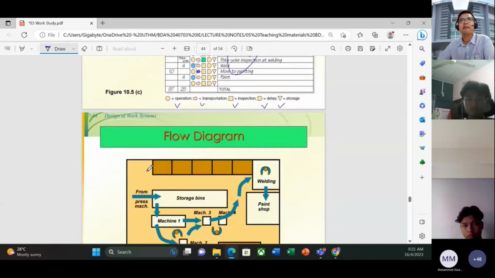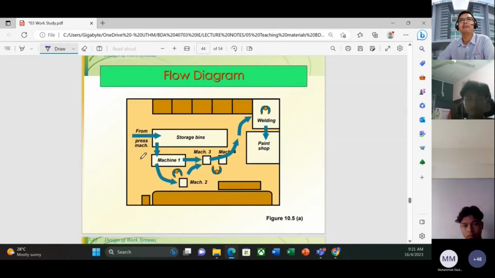Meanwhile, for the flow diagram, as I mentioned, from the press machine to the storage bin, from the storage bin to machine number one. This is worker one, worker number two, and worker number three. Then from machine number one, move to machine number two. From machine number two, move to machine number three.